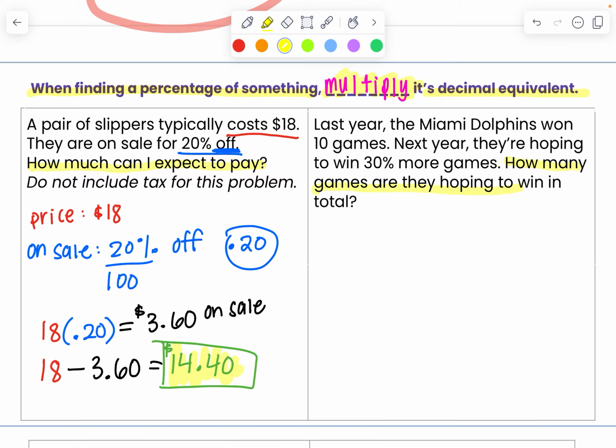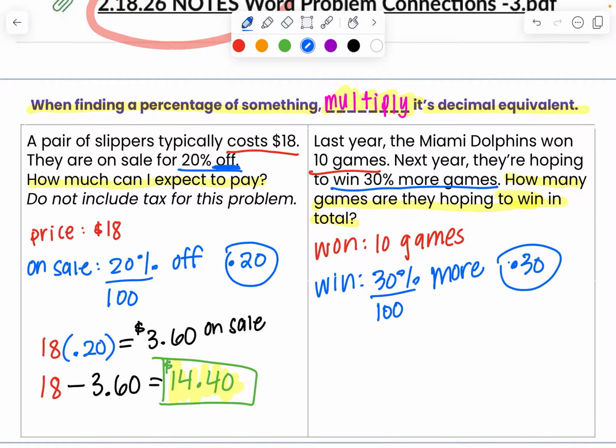There is our percentage. We're going to need to turn it into a decimal equivalent. So we do the part divided by the whole, which is going to give us 0.30, okay? And I know when I find a percentage of something, I want to multiply by the equivalent. So I'm going to do 10, that's how many games we have, times 30%, that we want to win more.